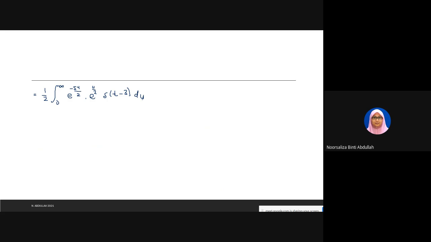Then we factor out u, so now you have e^(minus (s over 2 plus 1 over 2) u) delta(u minus 3) du.